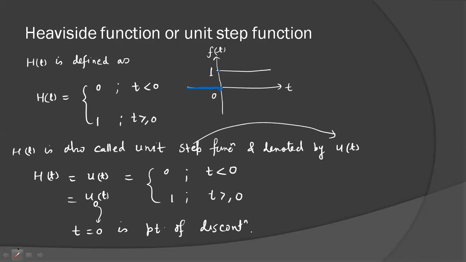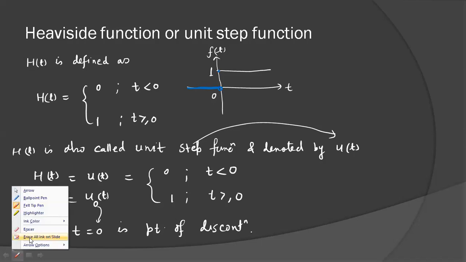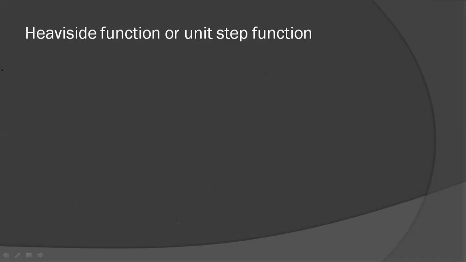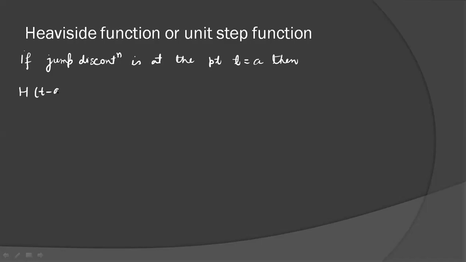Means if the jump discontinuity is not at t equal to 0, but at any arbitrary point t equal to a, then we define the Heaviside function as h(t minus a) or unit step function u(t minus a), or another notation is u_a(t). The a is telling the point of discontinuity.